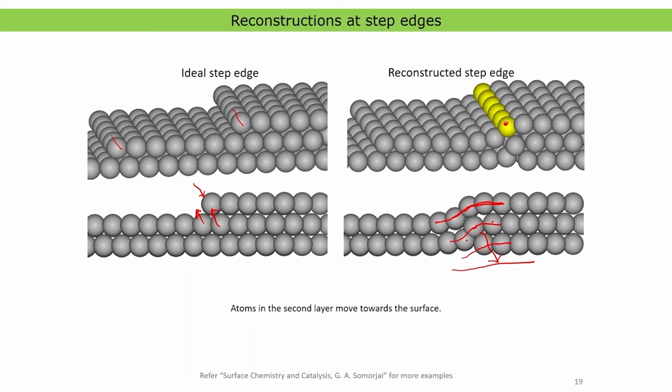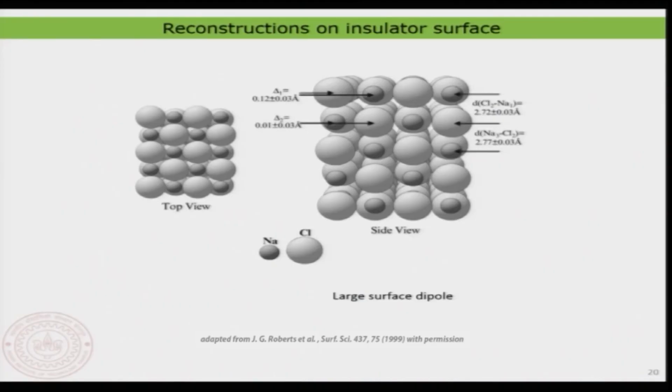Therefore the surface remains closer to an ideal surface. Now, what I also wanted to talk about is insulating surfaces. The question is, would insulator surfaces reconstruct? Normally, if I were asked this question, I would say that it is impossible.